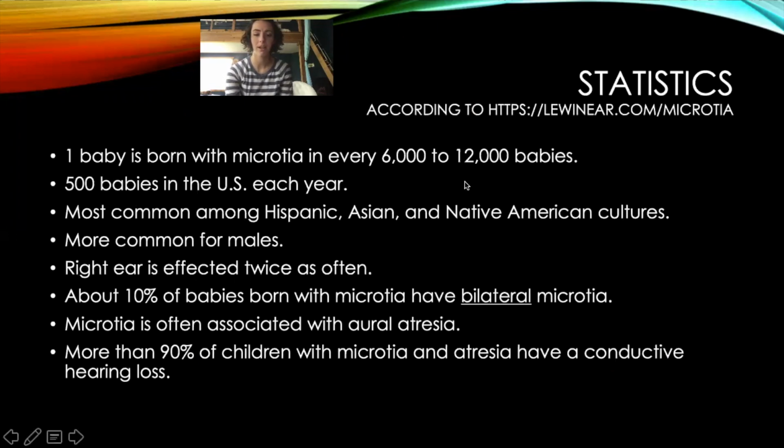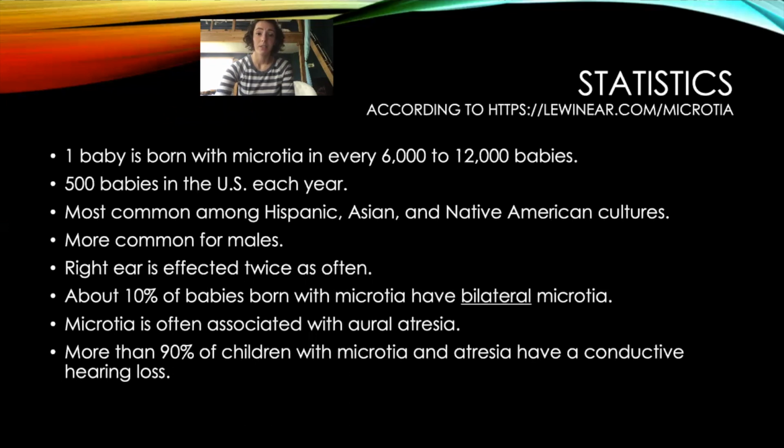It's most common among Hispanic, Asian, and Native American cultures. It's seen in boys twice as often as girls. The right ear is affected twice as often as the left ear. And about 10% of babies born with microtia have bilateral microtia.